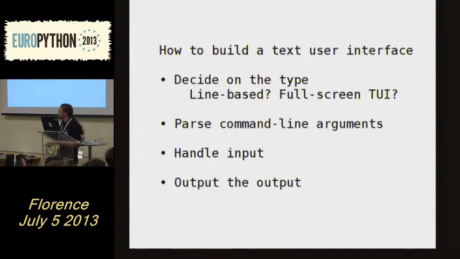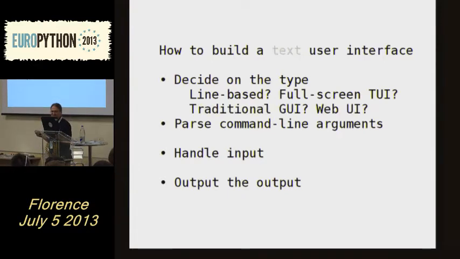You want to do a line-based and make it friendly with all the other Unixy stuff on the system, or you want to make it cool and full screen, and in that case you should probably go for a traditional desktop app or a web app or something. If you're doing something for users, if you have a UX designer, then you're probably not doing a text app. A text app is for guys like you.